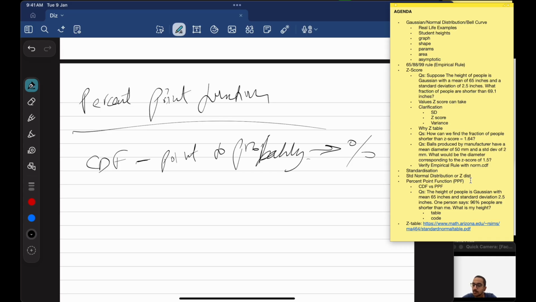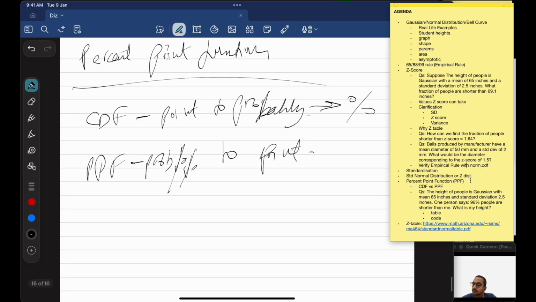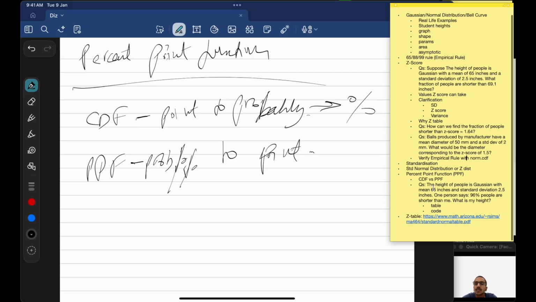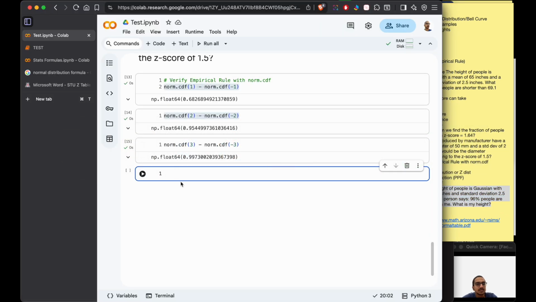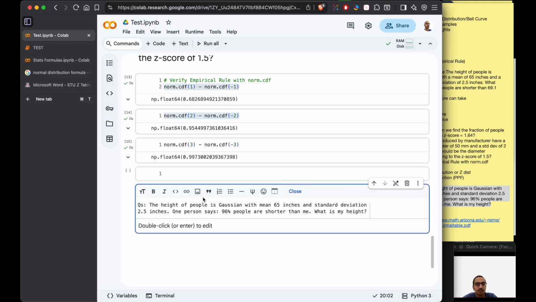But PPF will go from probability or percentage to the variable, the point value. So this will become clearer once we solve this question. Let me solve this question. I think this is the final question anyway.